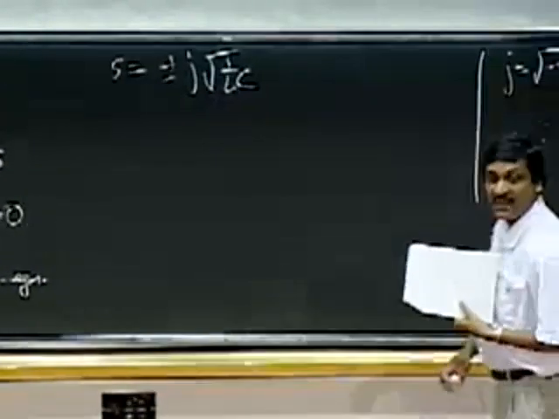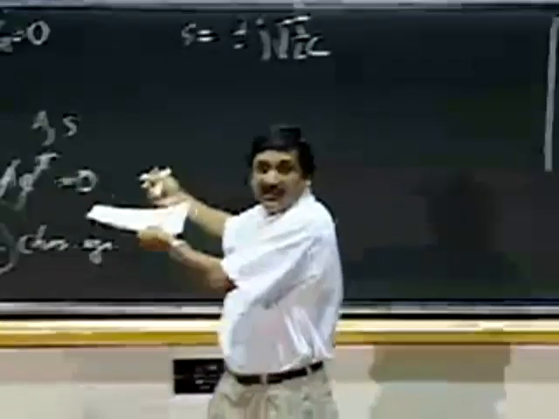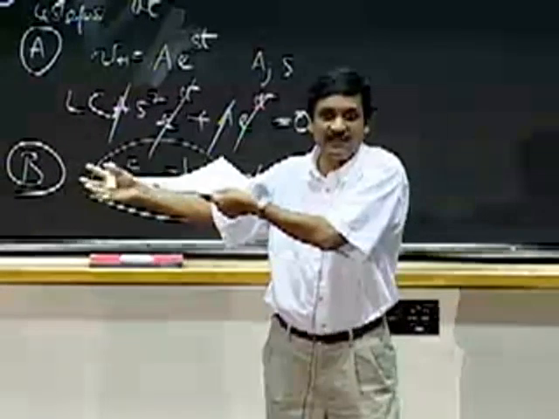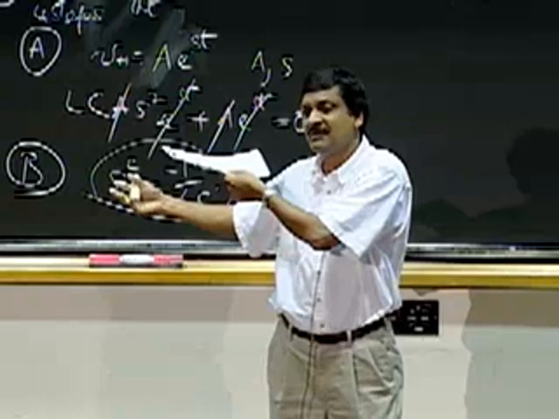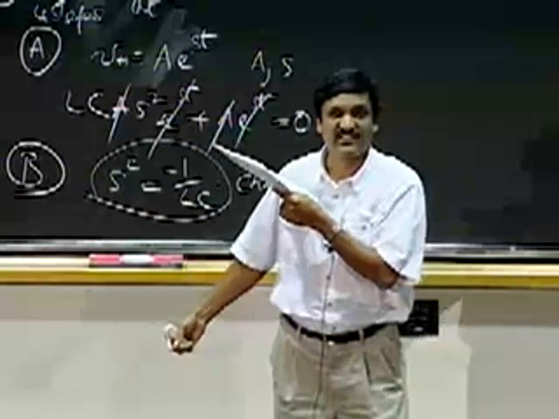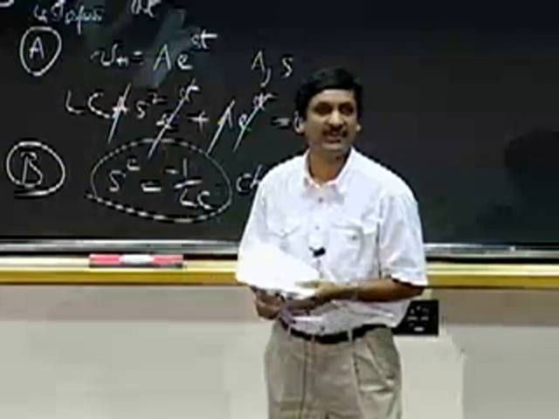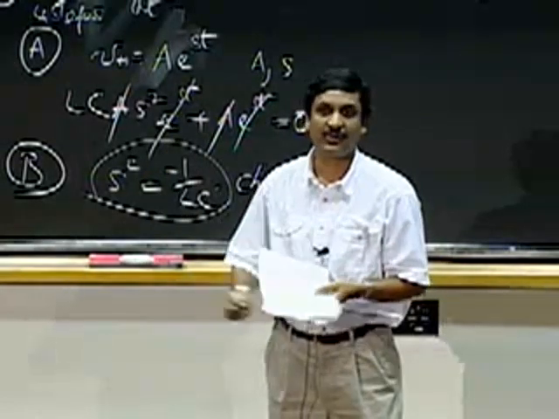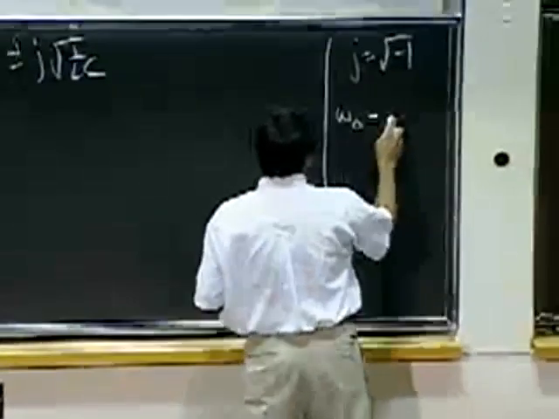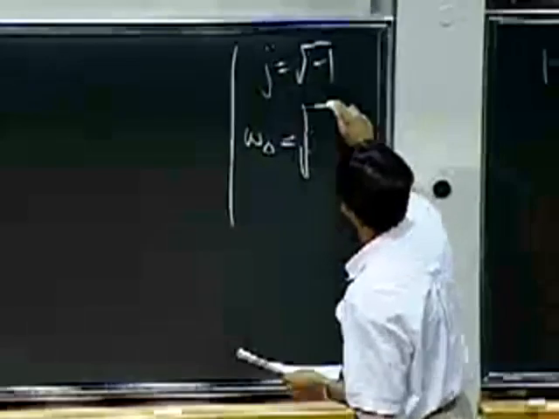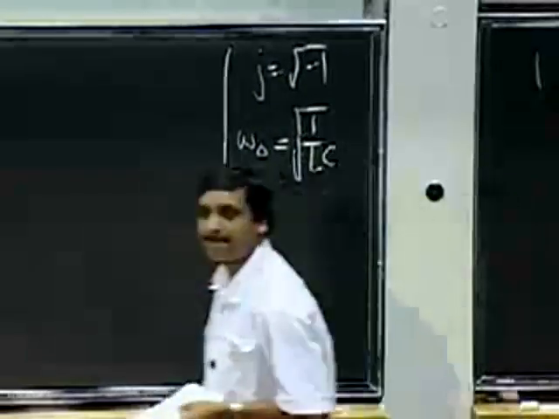And just as a shorthand notation, much like I had a shorthand notation for RC, what was it? Tau. Just as tau was big in first order, we have a corresponding thing that's big in second order, and that's omega naught. Omega naught is simply 1 by square root of LC.